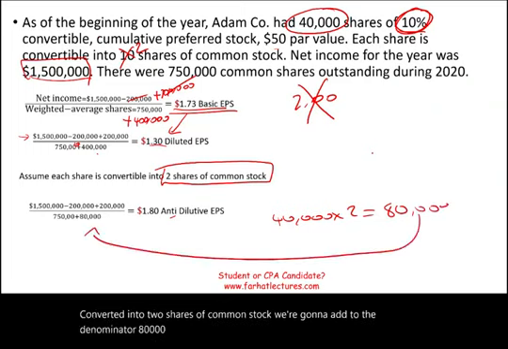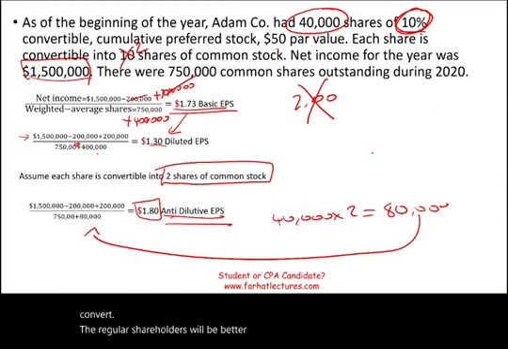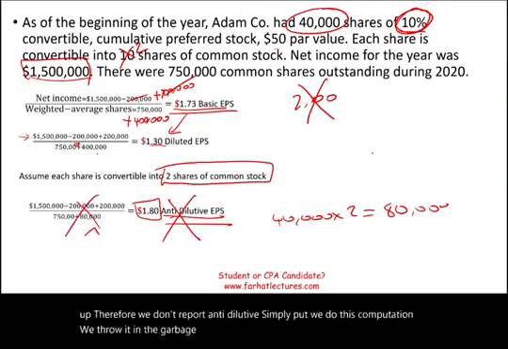Now, when we compute the new EPS, it's $1.80. Actually, it's anti-dilutive. Well, if the preferred shareholders convert, the regular shareholders will be better off because the earnings per share will go up. Therefore, we don't report anti-dilutive. Simply put, we do this computation, we throw it in the garbage. We don't say anything. We don't report it.